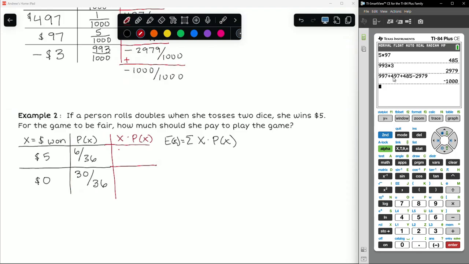So 5 times 6 is 30, so that's going to be 30 out of 36. 0 times 30 is 0, so that's 0 out of 36. If I add down, that's 30 out of 36. So this equals, I'm going to do it on my calculator, 30 divided by 36, is 0.833333333.